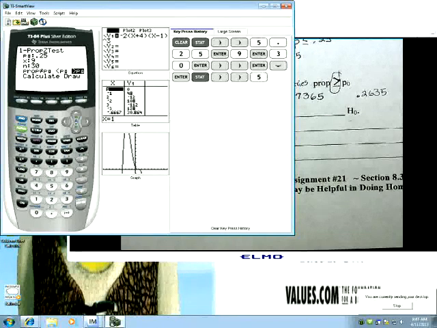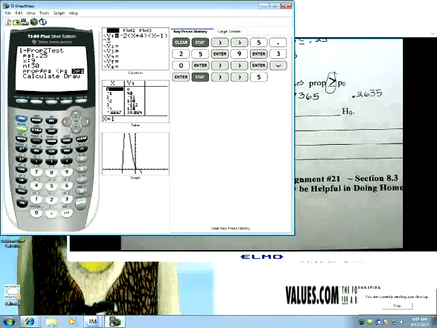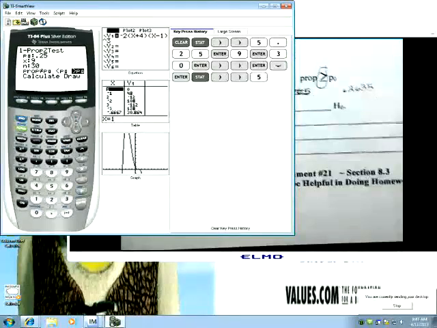So all three of these refer to the population proportion. All right, so how does that compare to my, that answer is 0.2635.